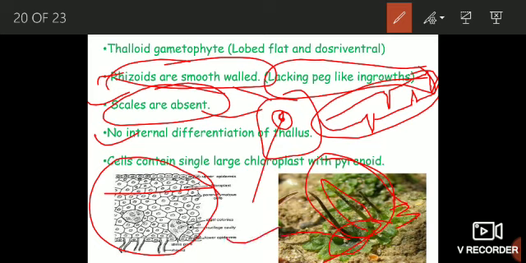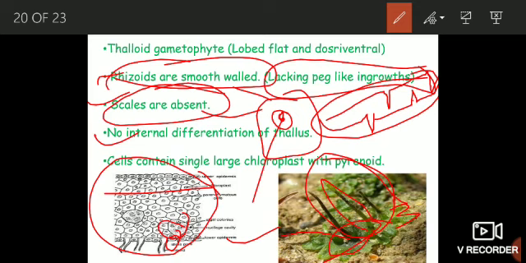And one more feature of these Anthocerotopsida is that although air pores and air chambers are absent, here you can see there are some intercellular mucilage cavities, and these cavities open to the ventral surface with the help of slime pores.